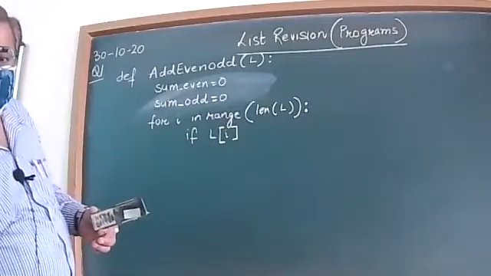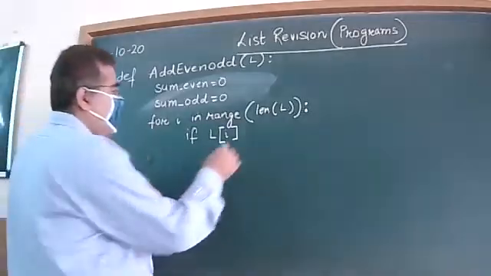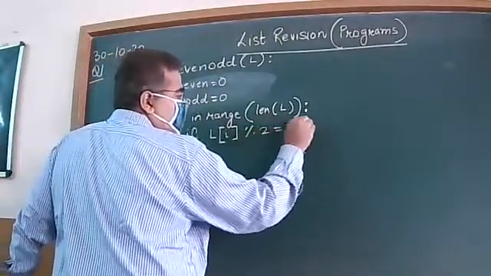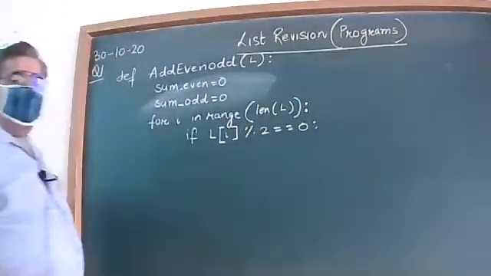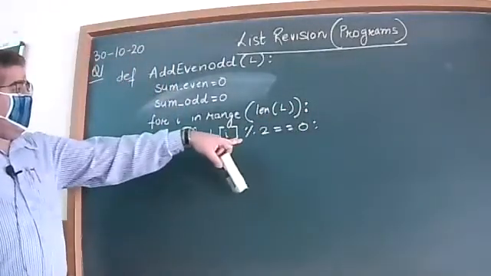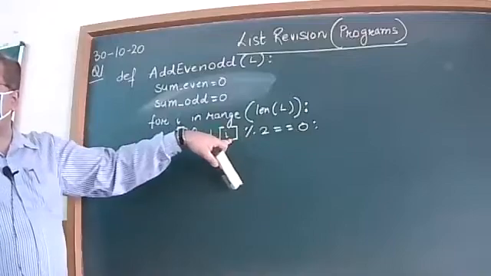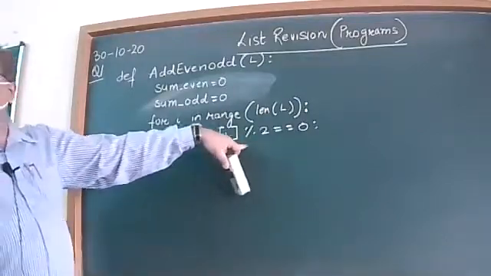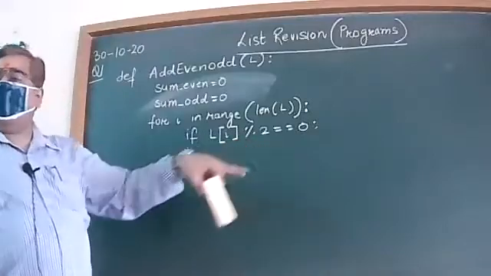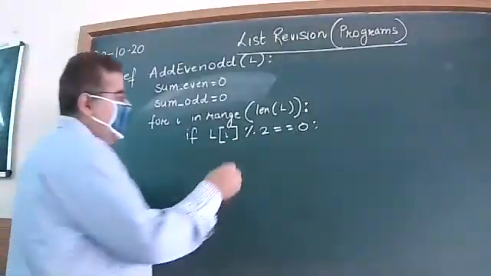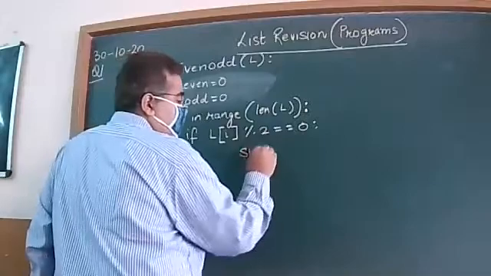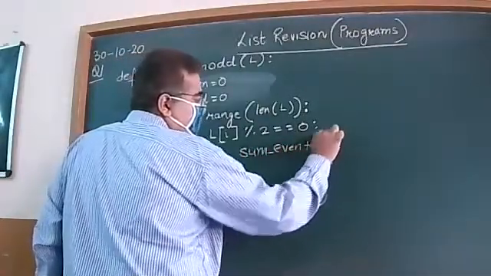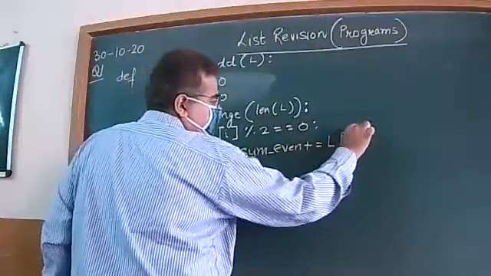So if my element is even, modulus 2 equal to 0, I will divide my element with 2 using modulus operator, and if the remainder is 0, it means the number is even. So I will find the sum of even elements.